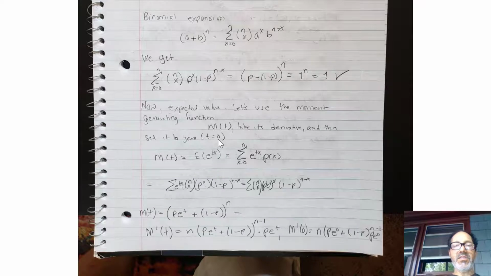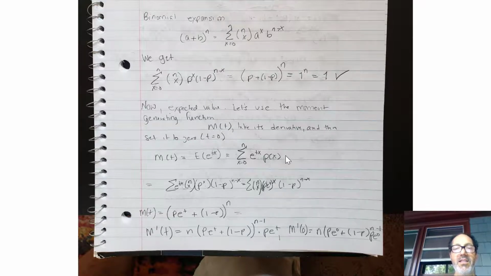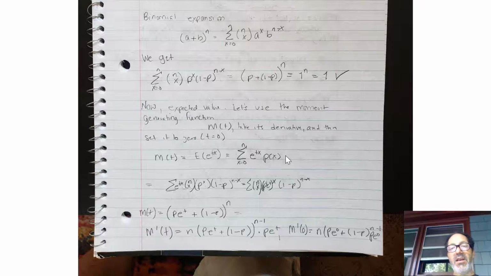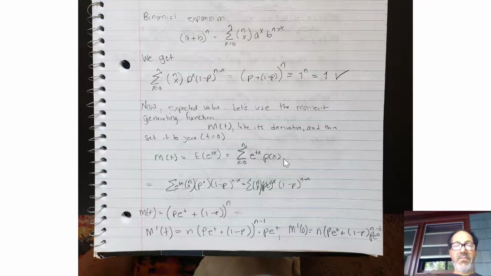The derivative of a function is its slope, and a 0 slope means it's either a maximum or a minimum, and that's what we need in order to calculate the average value here.